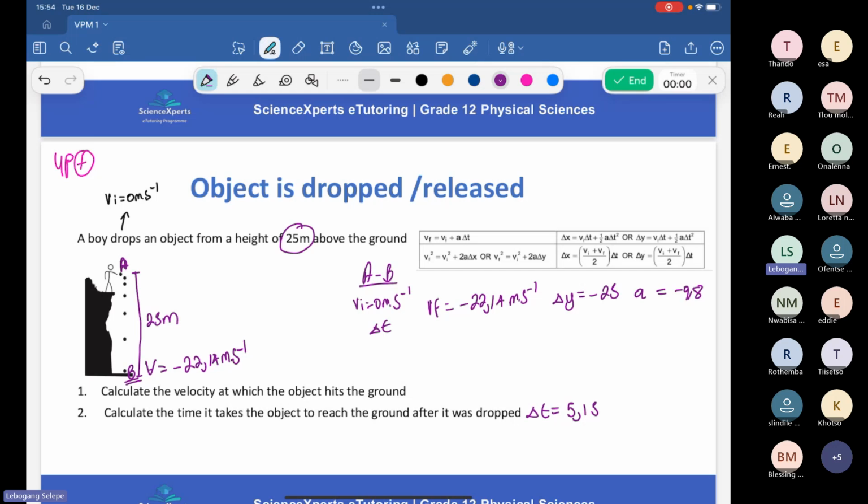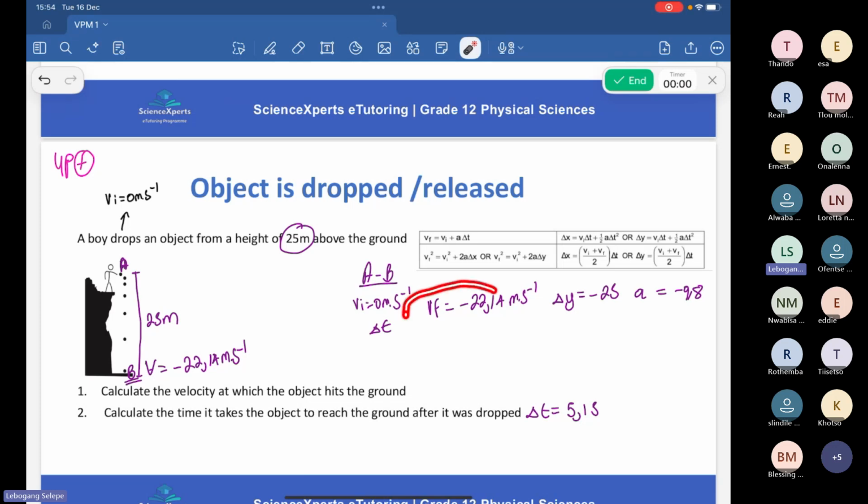So there are a lot of formulas that we can use now. I usually advise people to not use a variable they calculated in the previous question to solve the next question, if that's possible. For example, here we have an option to use a formula that either has change in y or one that has Vf.